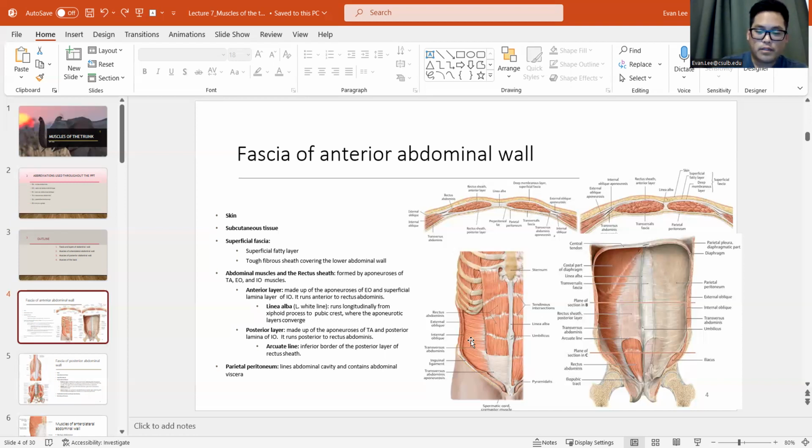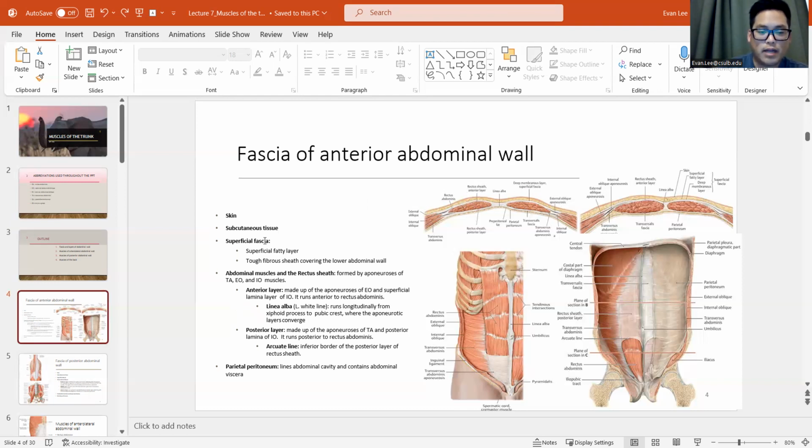Now, let's go ahead and go through this one by one. So first of all, the skin. The skin and the subcutaneous tissue is going to be basically the external portions of the abdominal wall.